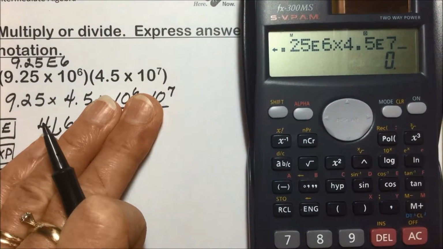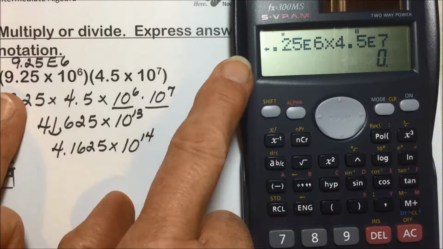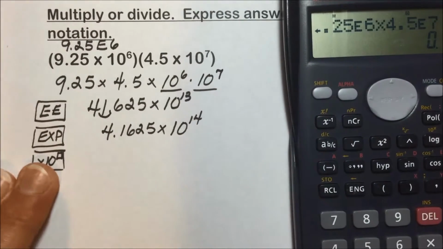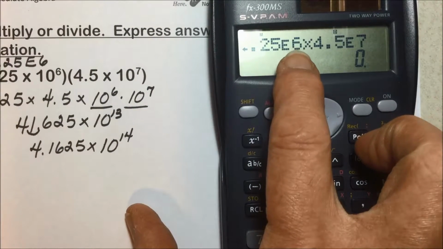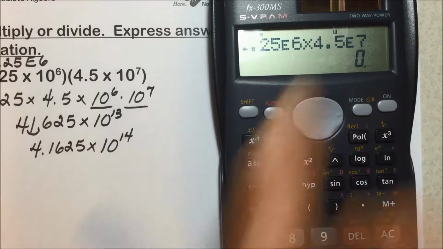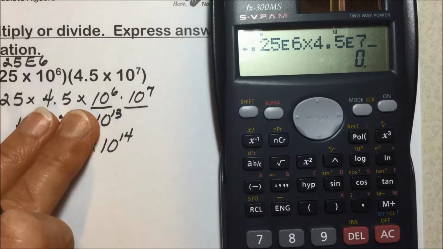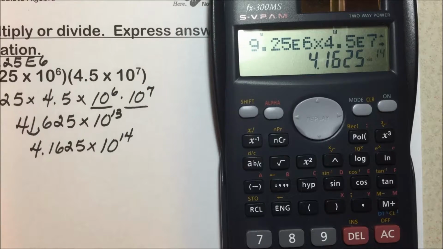So again, on this example, I hit 9.25, tap the exponential key for scientific notation, entered the power that the 10 is raised to, then and only then I hit the multiplication key, 4.5, EXP, the power that 10 is raised to, and I'll hit the equals.